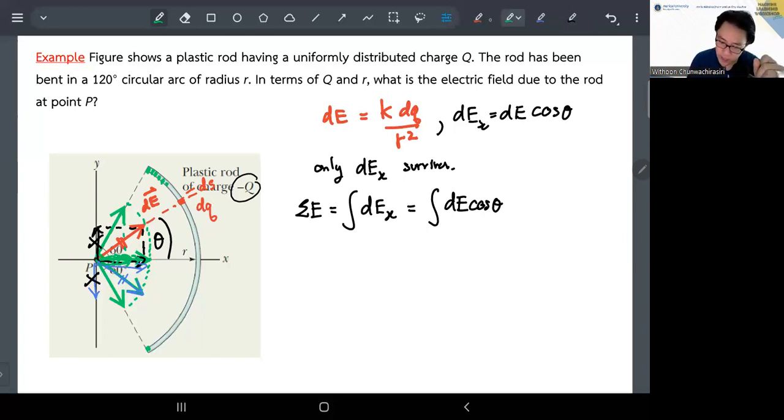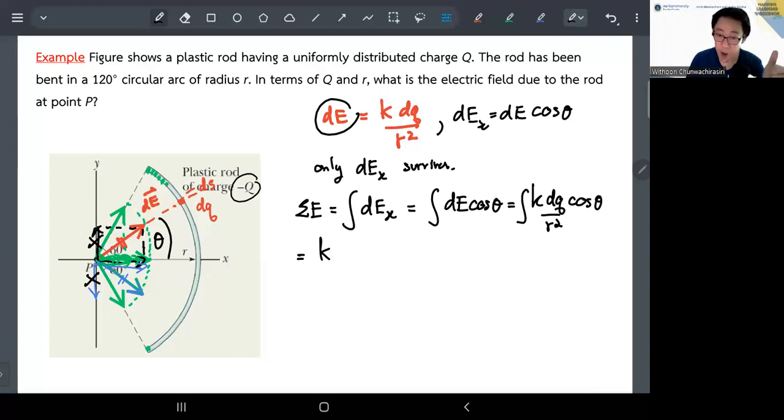Now let's substitute the value in there. You already calculated the dE. I just plug it in: k dq over R squared cosine theta. Same trick as before: let's pull out the constants first. What are the constants here? k is constant, very good. R is constant, I can pull it out.